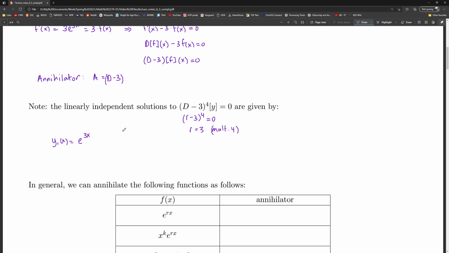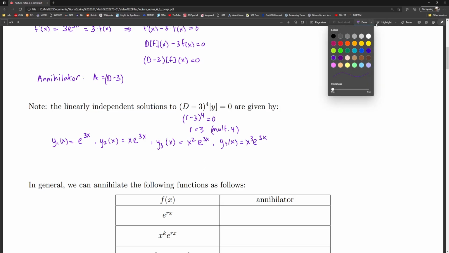That's that r. And then y2 of x equals x e to the power 3x. And then y3 of x gave us x squared e to the power 3x, and then y4 of x equals x cubed e to the power 3x.